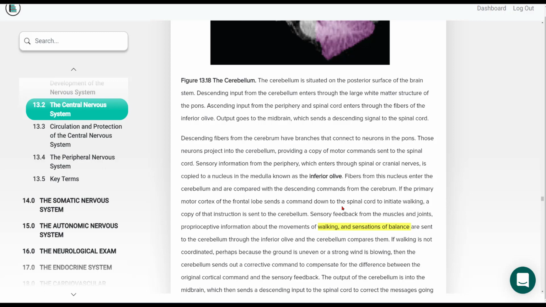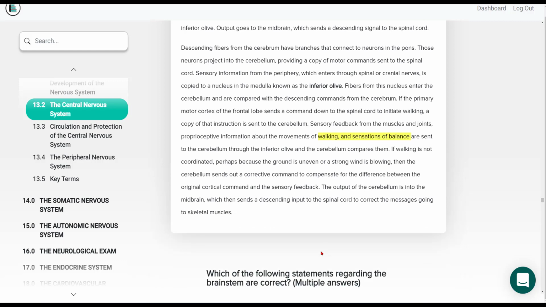So a person who has damage to the cerebellum is also going to have balance problems, is going to have issues with walking and other things because the cerebellum is helping to make that fluid or make it smooth. I'm not going to go into any greater detail than that. I just want you to know that that is the case. That's the main job of the cerebellum.